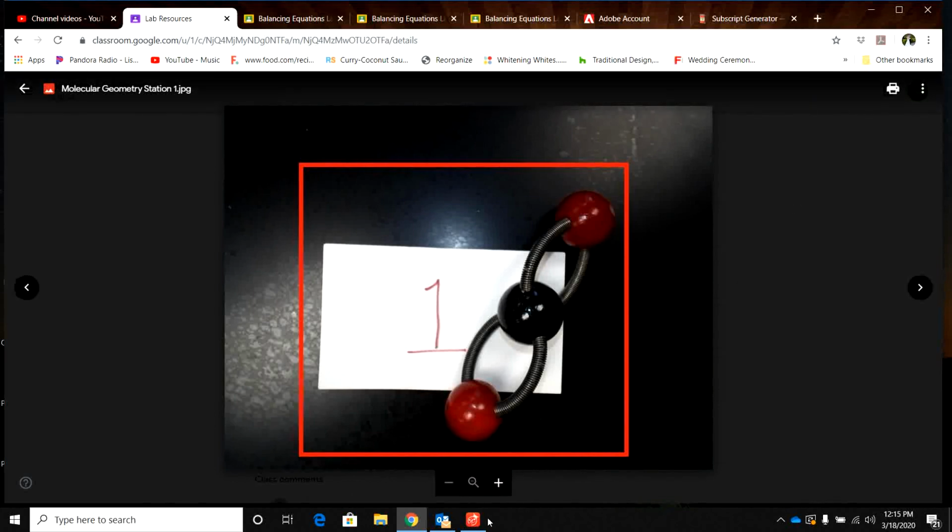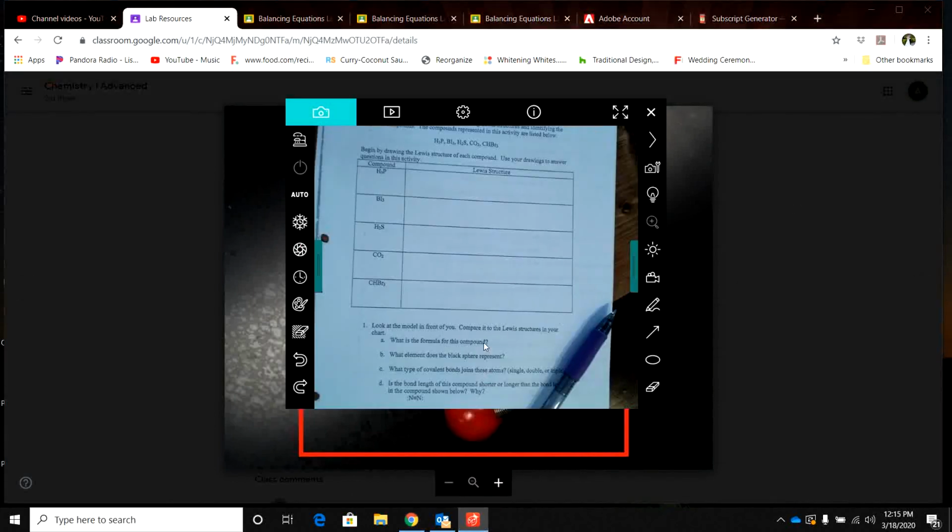So let's look back at our lab. The question says, look at the model in front of you, compare it to the Lewis structures in your chart. What is the formula for this compound? So I've got to pick between these 5 Lewis structures, which one is represented by my model.